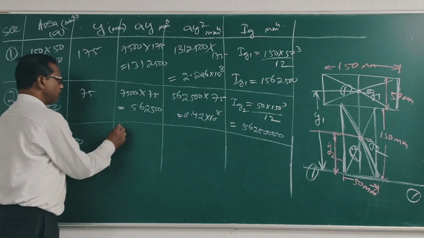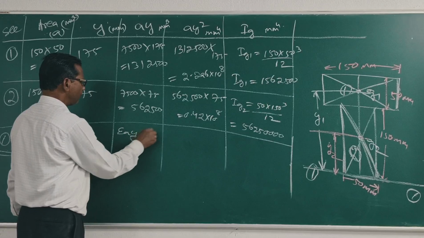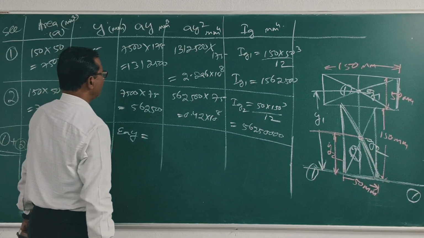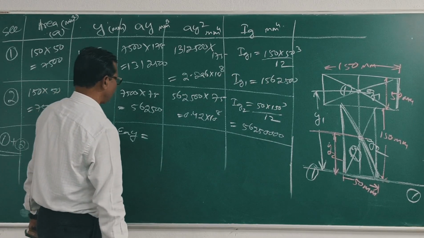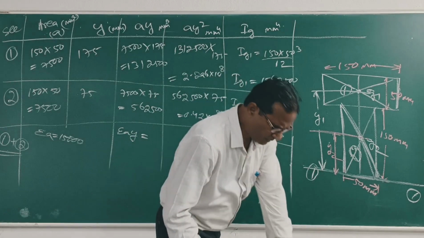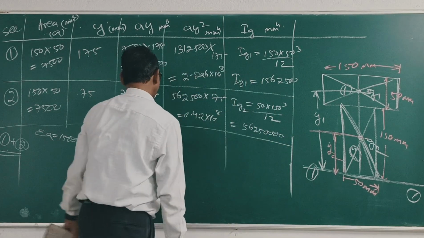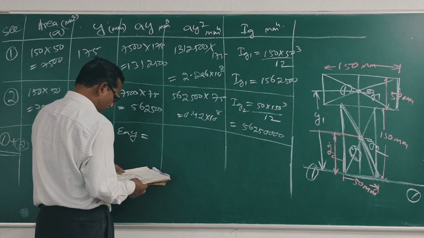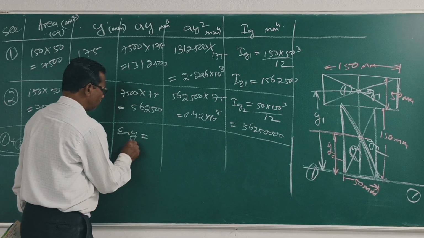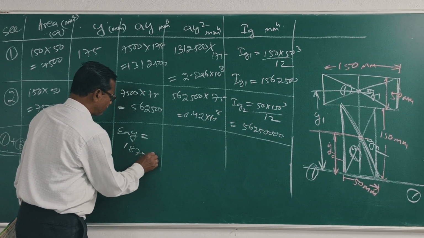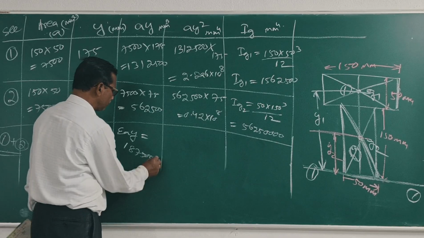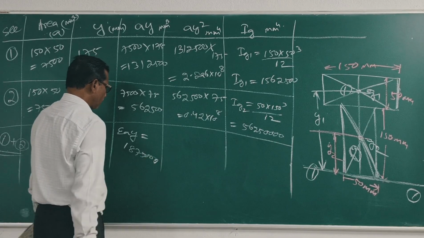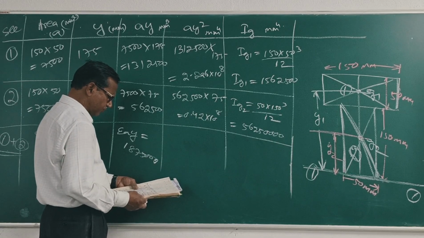Next, sigma Ay is 1312500 plus 562500, which is equal to 1875000.